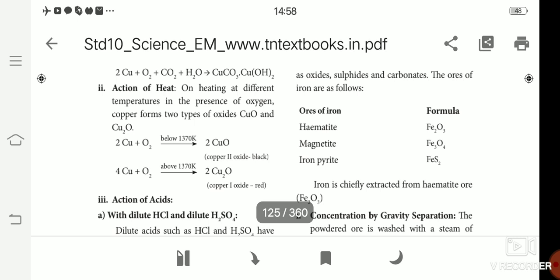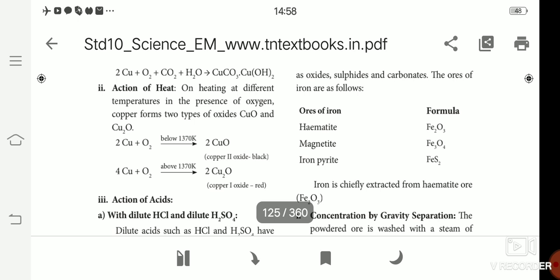Copper is not attacked by alkali because copper is a transition metal, a d-block element. In the transition metals, all elements have positive charge, and a positive charge is attracted only to a negatively charged species. Alkali metals are all positively charged, so copper is not attacked by alkalis.